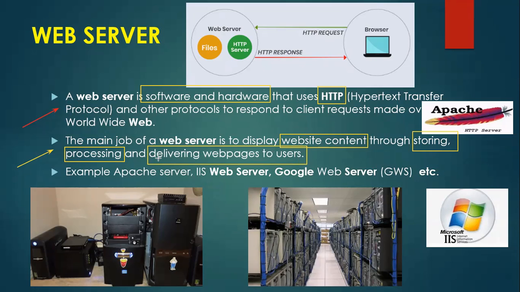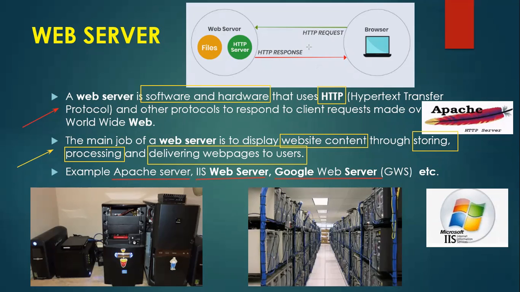There are various examples of web servers: Apache server, IIS web server. IIS web server is of Microsoft company. Then we have Google web server. Whenever you use Google services, it means you are using Google web server, in short GWS.